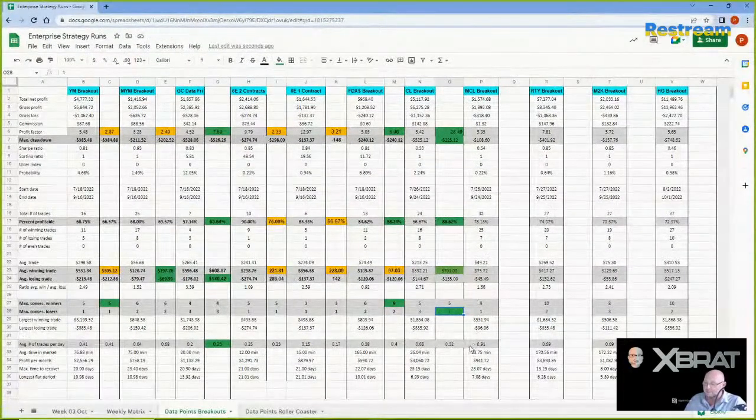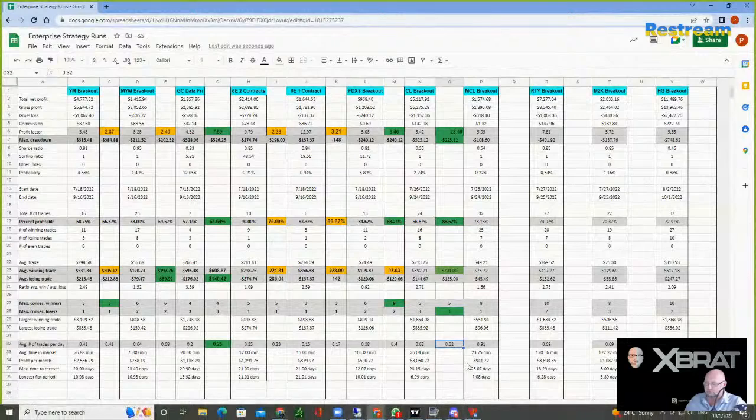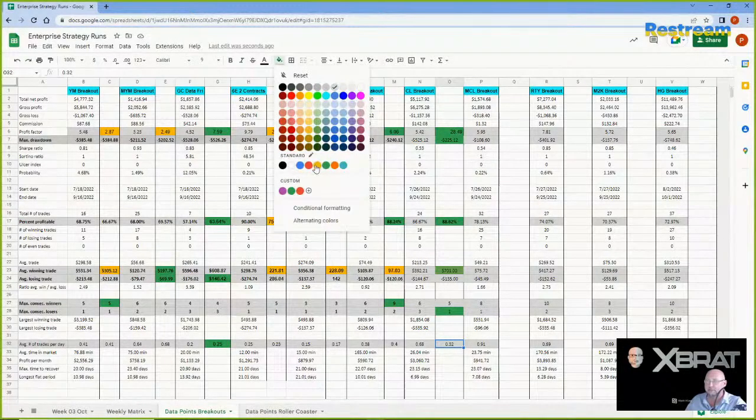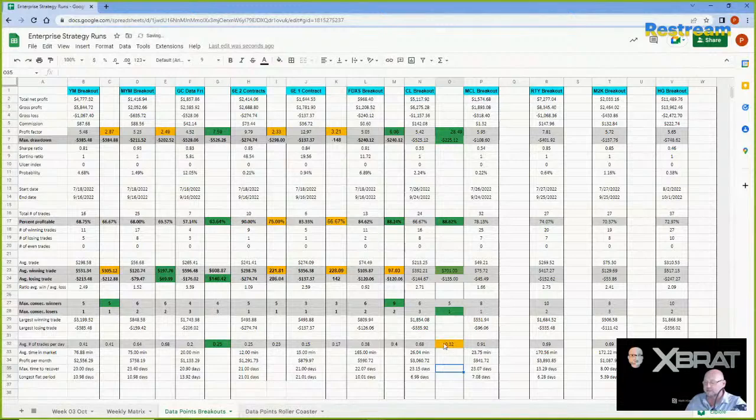Now, my average trades per day has gone from 0.68 to 0.32. So we're about half. This is amber for me. If we go through no more trades this week, this will go down even further. So I may need to adjust my max risk, that maximum range size, if you like.